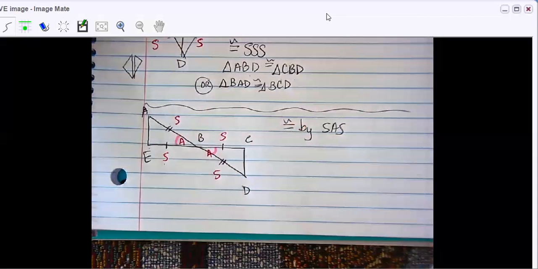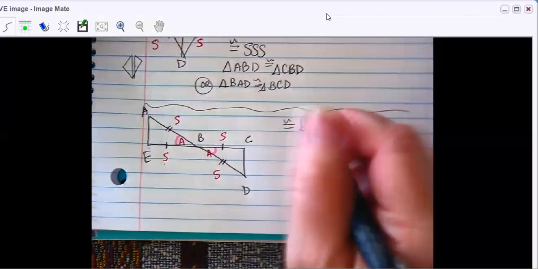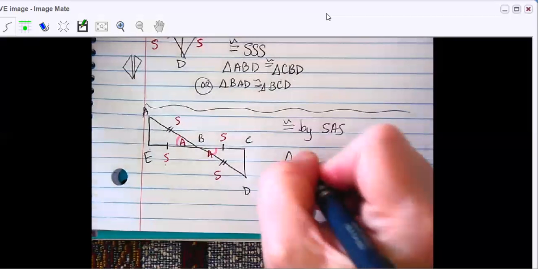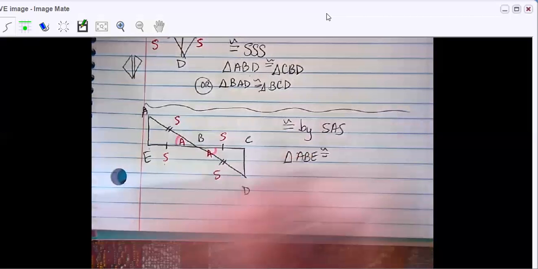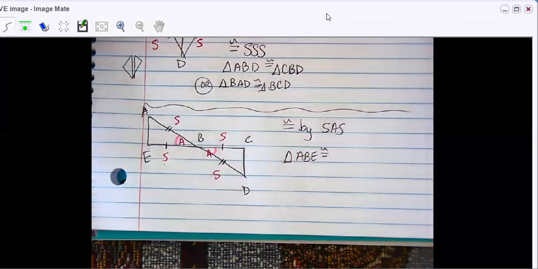And then we name the triangles. We have triangle ABE would be congruent to, what do you think? Wouldn't it be DCB?